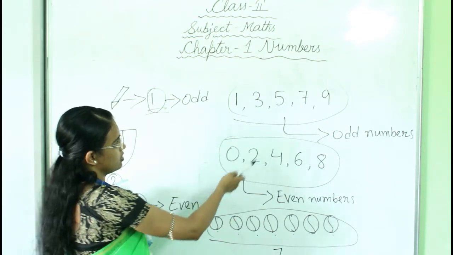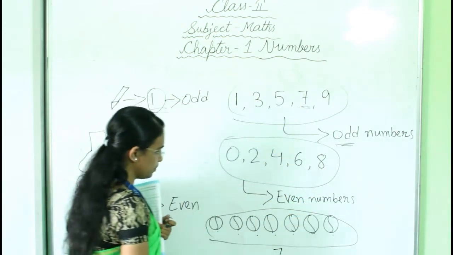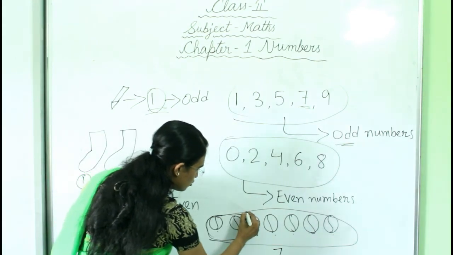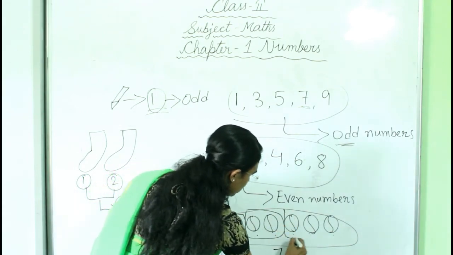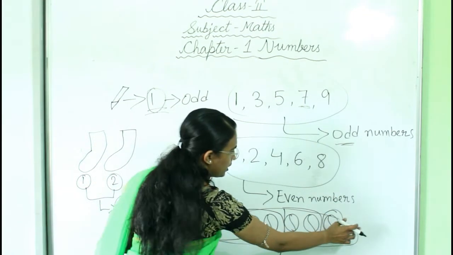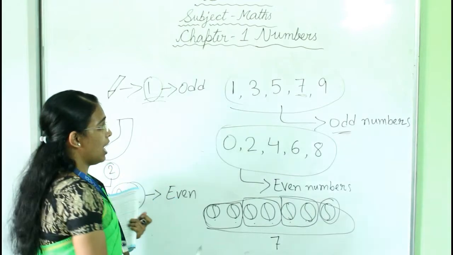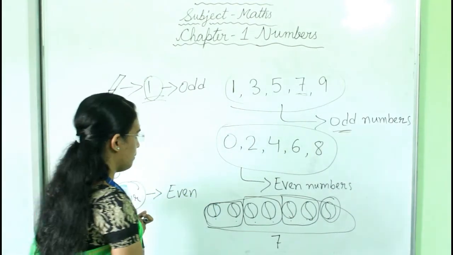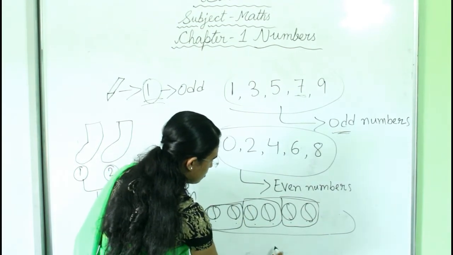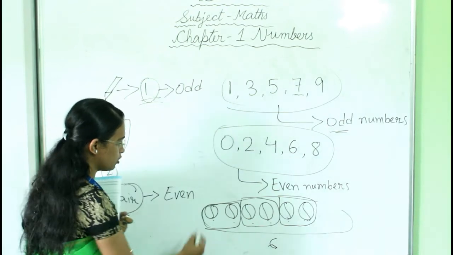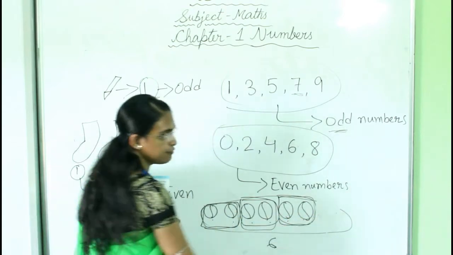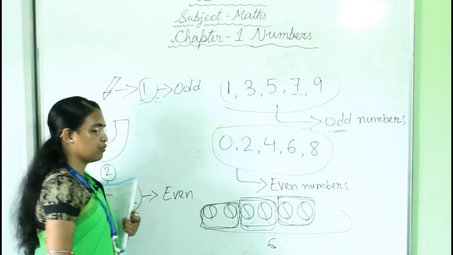Look at this chart. 7 is an odd number because we can't make pairs like this. 1 and 2 make one pair, 1 and 2 make another pair, and another pair, and for this ball there is no pair. So 7 is an odd number. But if there are only 6 balls, then it is called an even number because we can pair the balls like this, and there are no balls left. So this is an even number, okay.